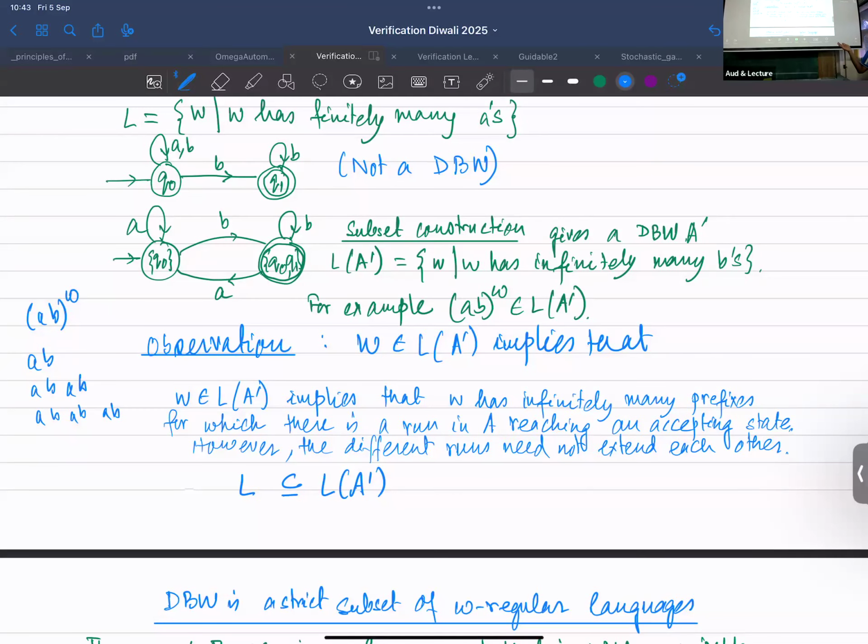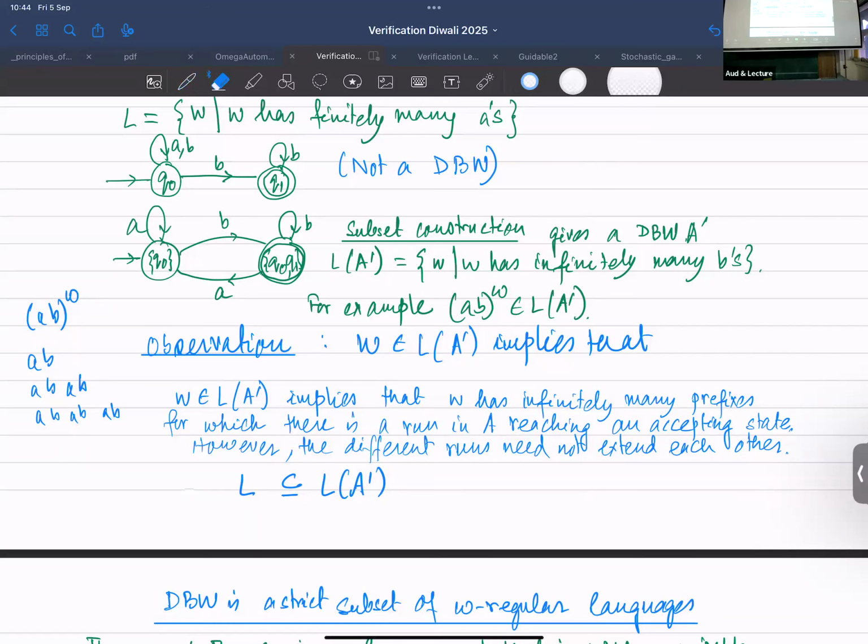You are doing the subset construction and trying to prove that A prime always accepts a set of words which is at least as big as the other set. That will happen because if we have an infinite accepting run for something in L, the same run will work here, because in the subset construction also we consider those accepted. Exactly.